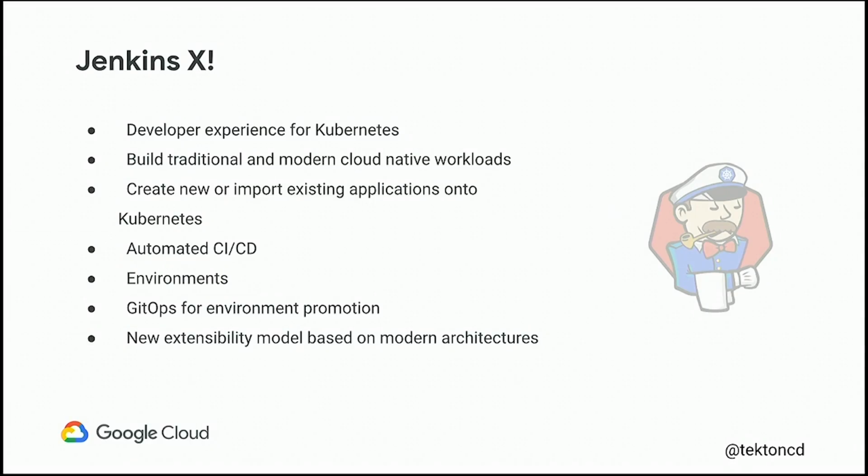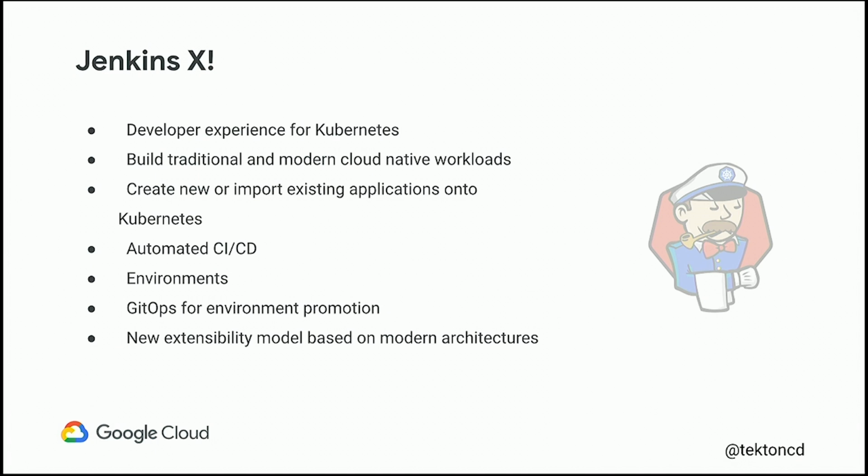So in case you're not familiar with Jenkins X, let me try and probably fail to explain it very well and then get corrected. Jenkins X is a new CI/CD experience for Kubernetes. It's designed to run on Kubernetes and target Kubernetes. You can use it for building traditional and cloud-native workloads. You can create new applications or import existing applications into Kubernetes and take advantage of various quick starts and build packs that allow you to get the initial setup of the project without having to do it all by hand.